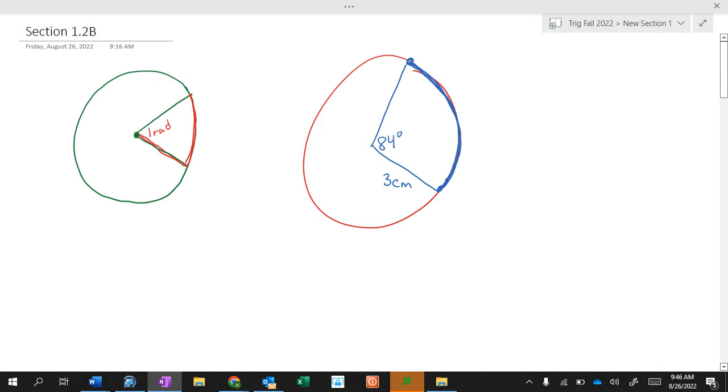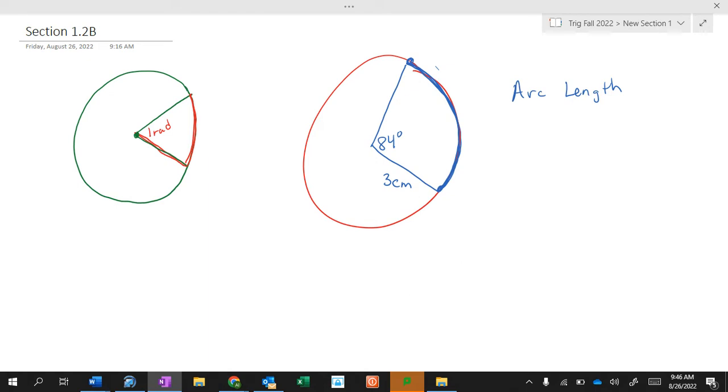When you find the distance of an arc, that's called arc length. An arc length is part of the what of the circle? What's the distance around the outside of a circle called? Circumference. So an arc length is part of a circumference. How much of a circumference?